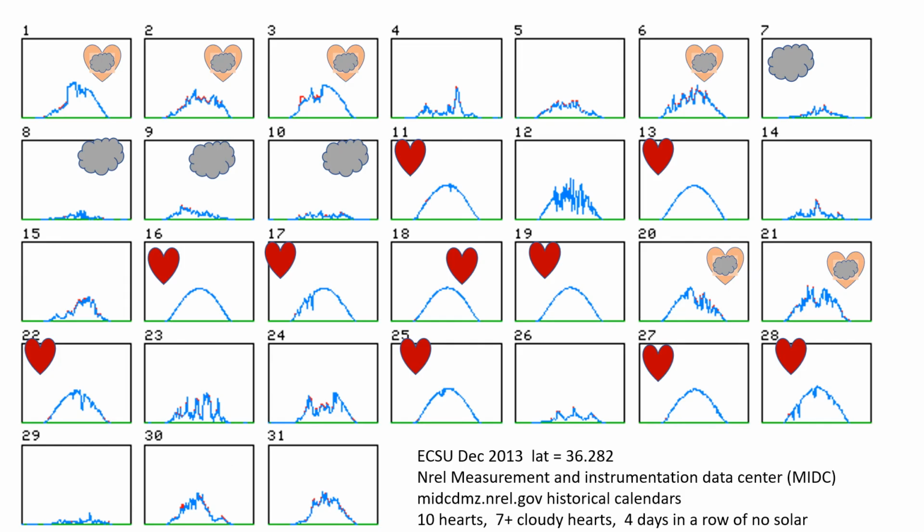Okay, next. On this slide, this is a historical reference of a calendar for the month of December 2013, and I'm using it to see how many good days with the red hearts of solar collecting activity I could conduct. Those are good harvest days. An orange heart with a gray cloud is a partial harvest day.